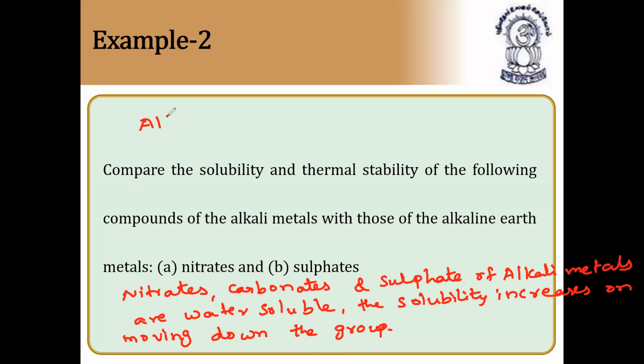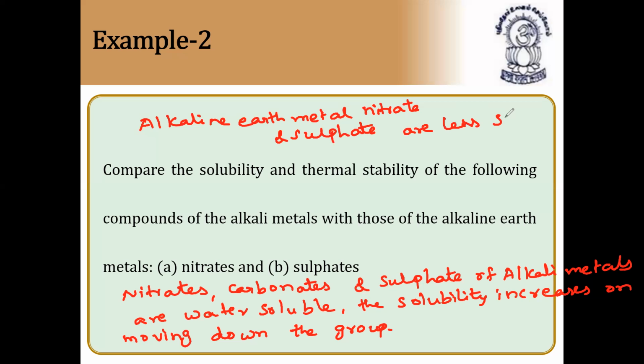So alkaline earth metal nitrates and sulfates are less soluble than alkali metal nitrates and sulfates. Please note down.